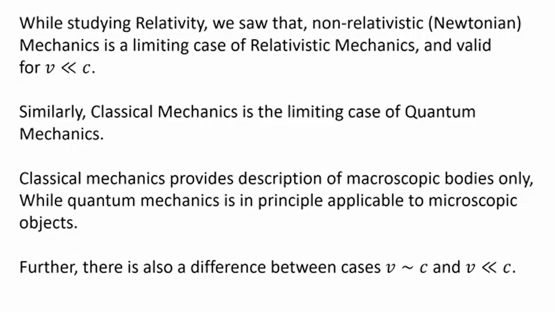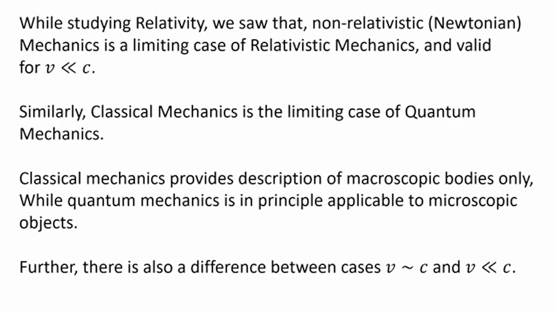Now, while talking about relativity, we have seen that the non-relativistic or Newtonian mechanics that we have learned, in a nutshell, is really a limiting case of relativistic mechanics, valid for v much smaller than c.